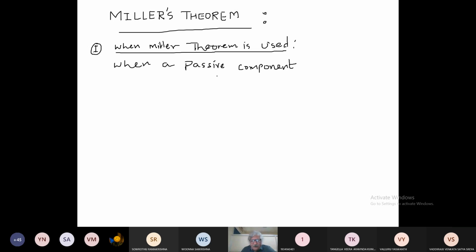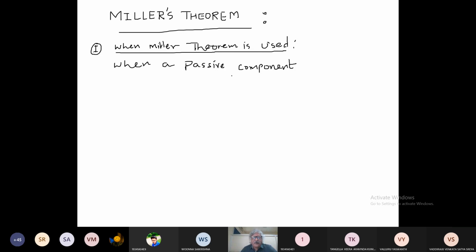Can anyone tell me an example of a passive component? Capacitor, resistor, inductor. Yes, a component which does not change the direction of the flow of current. That is a passive component. Diode and transistor are active components which can change the direction of current also, right?